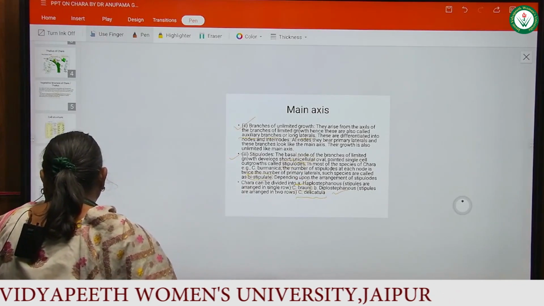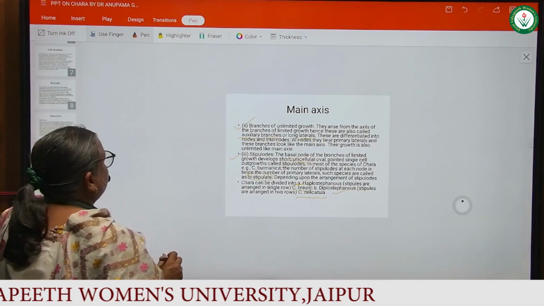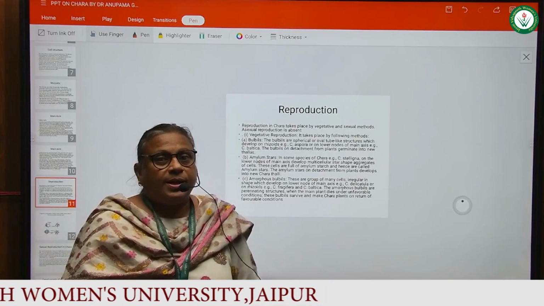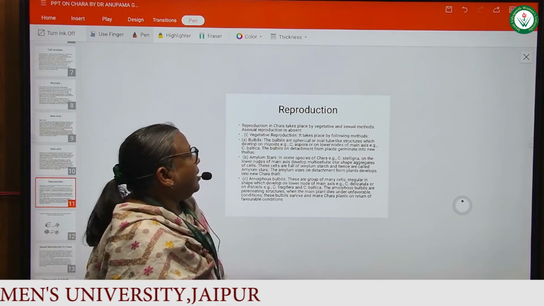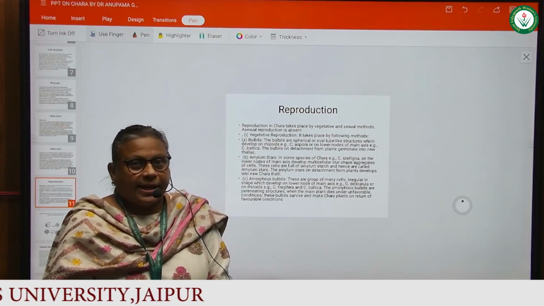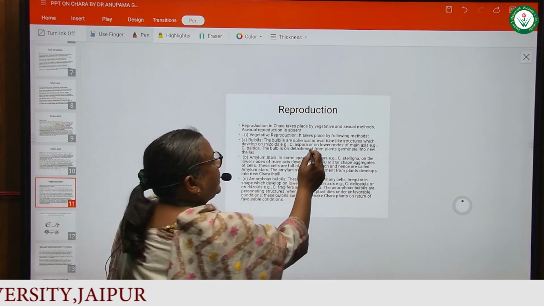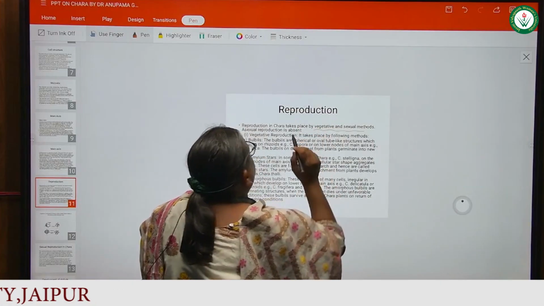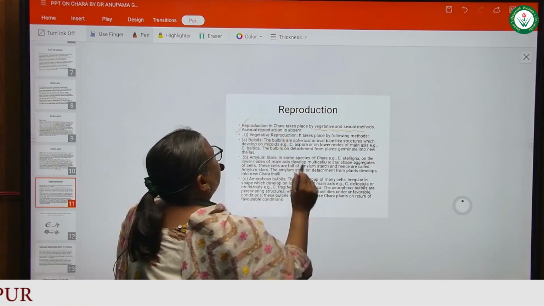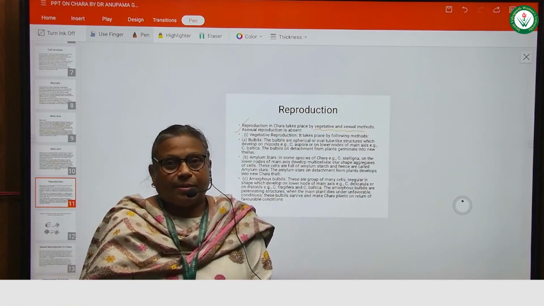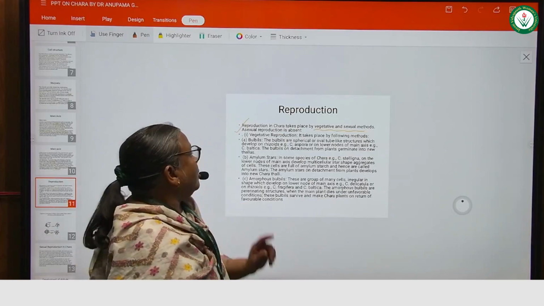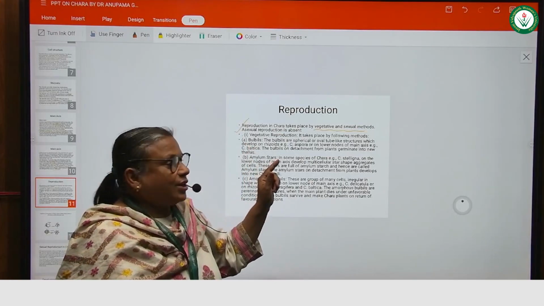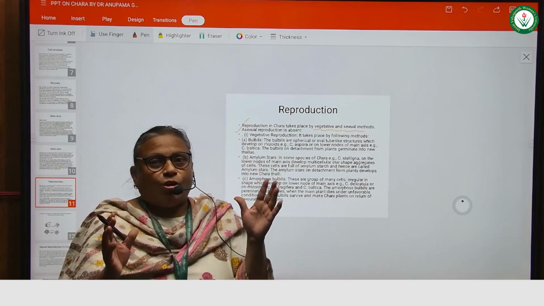Now I talk about reproduction in Chara. Reproduction in Chara takes place by vegetative and sexual methods, while asexual reproduction is absent in Chara. Vegetative reproduction takes place by the following methods.